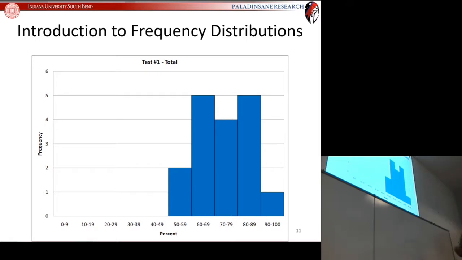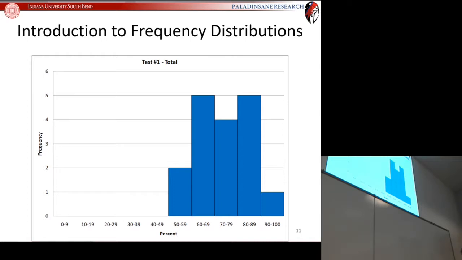And what we've done is we've ordered the scores. So you can see 0 to 9 is here, 10 to 19, 20 to 29. So it's in increasing order. And then what we've done is we have indicated how many individuals achieved a particular score by the height of these bars here.